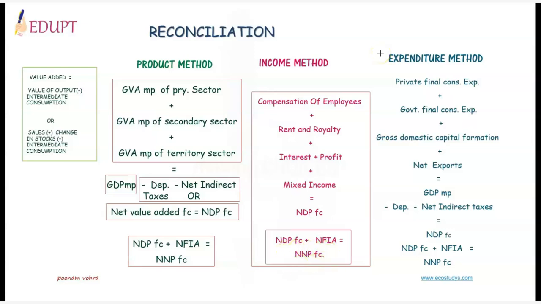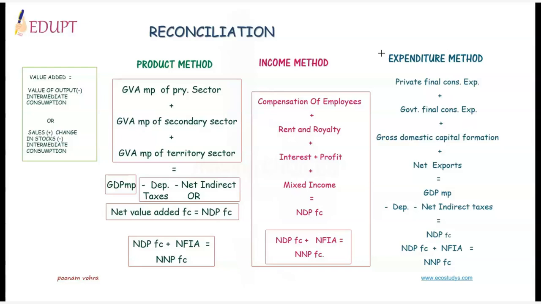Once the income gets distributed, it is spent. So the third phase is disposition phase, and expenditure method is taken into account to estimate national income at this phase. So expenditure is incurred on consumption and on investment by households, firms and government.